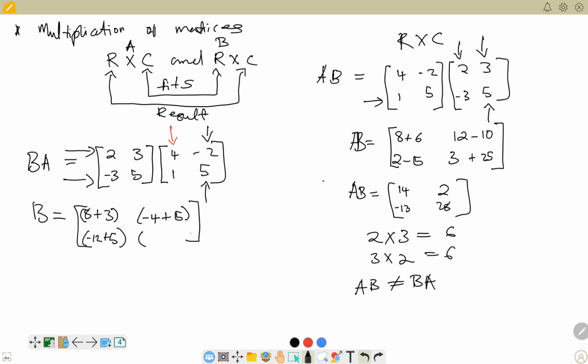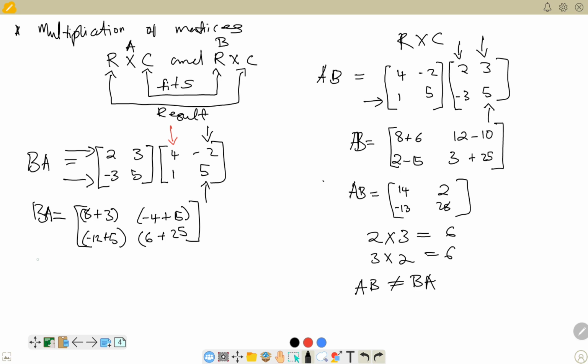Now we need to go to the second column of the second matrix, which we are multiplying by the second row. So minus 3 times minus 2 is positive 6. Then 5 times 5 is plus 25.